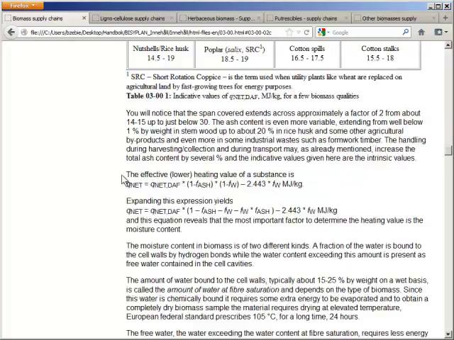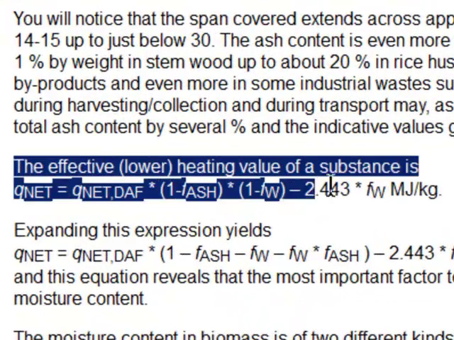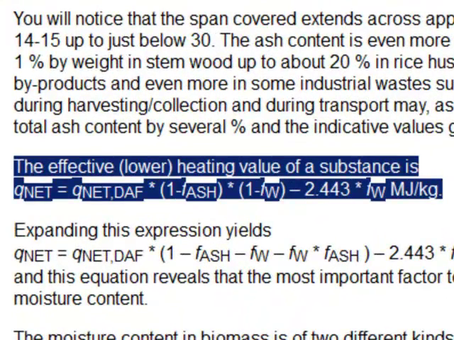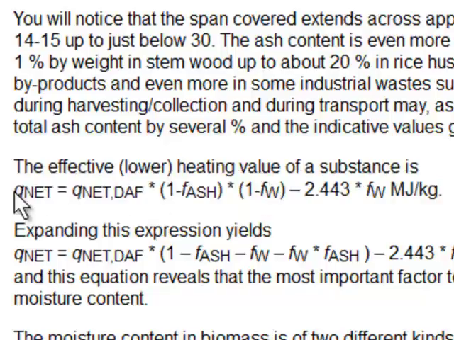The equation given in the middle of this page is general. This is the lower heating value of any substance with a certain ash content and a certain water content. The lower heating value, Q net, equals the net heating value, the lower heating value, of the dry ash-free substance, which is indicated by the subscript DAF, dry ash-free.